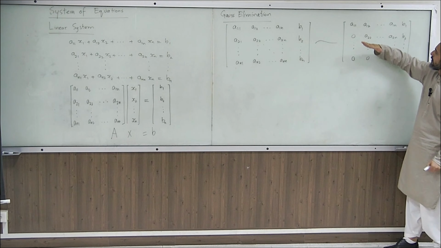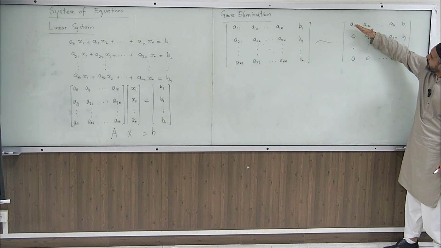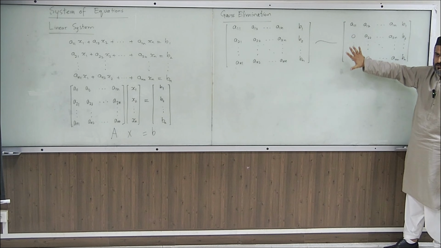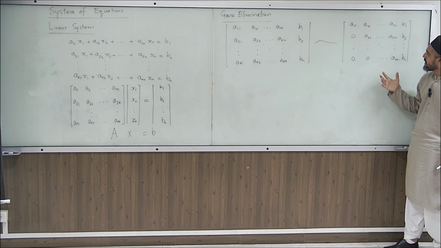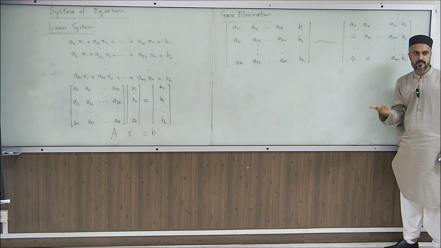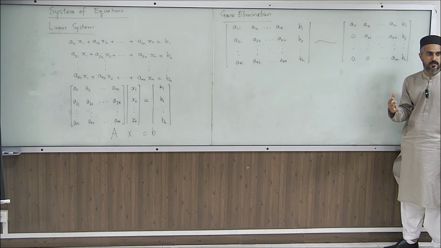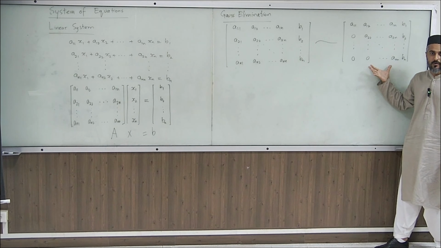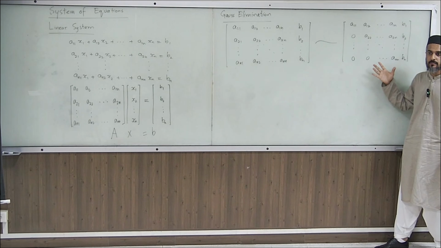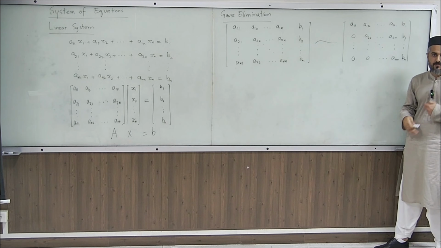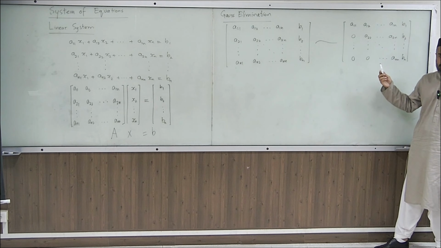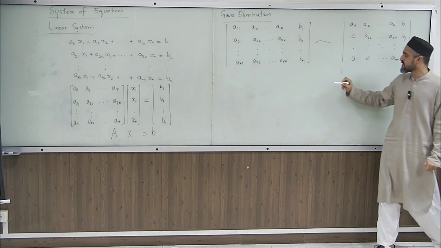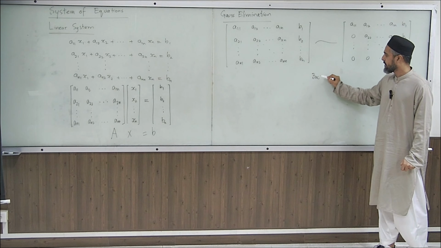Here, all the elements below the main diagonal are 0. So that is actually the first step of the Gauss elimination, that it converts the augmented matrix into an upper diagonal matrix. Once it converts into an upper diagonal matrix, then we use the backward substitution. So converting the system into an upper diagonal form is step number 1, and step number 2 was the backward substitution.